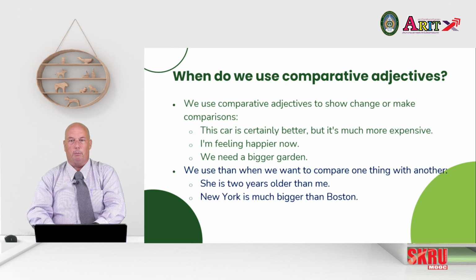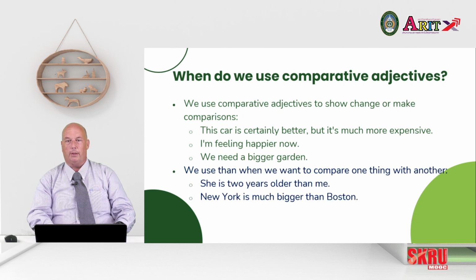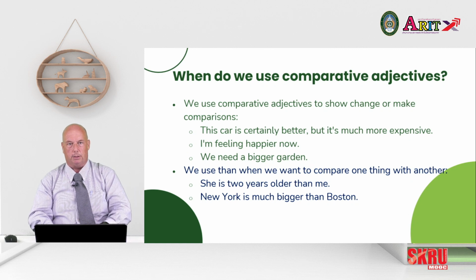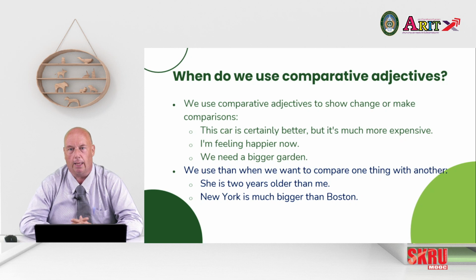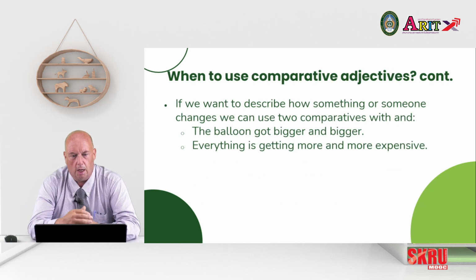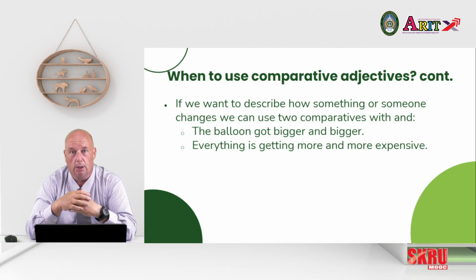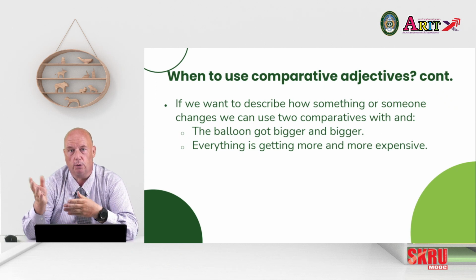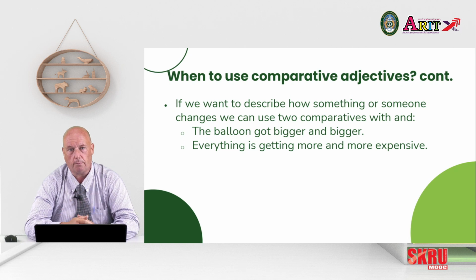We use than when we want to compare one thing with another. She is 2 years older than me. New York is much bigger than Boston. Thailand is hotter than Scotland. If we want to describe how something or someone changes, we can use two comparatives with and. So we want to show an ongoing change.